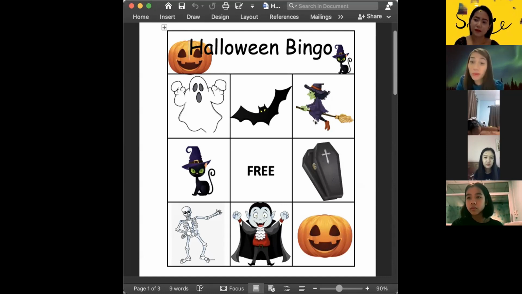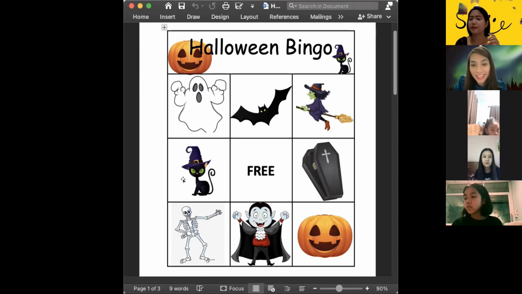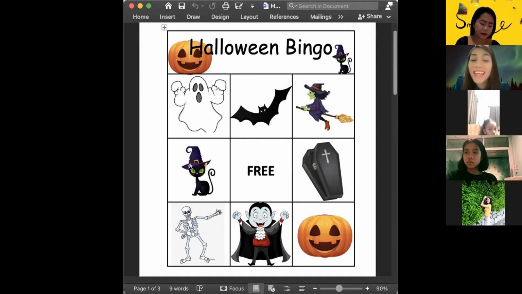Next, how about this? What is this? Everyone's favorite. This is a witch. Very good, Eng. Great job. Next, how about this? What is this? Cat.